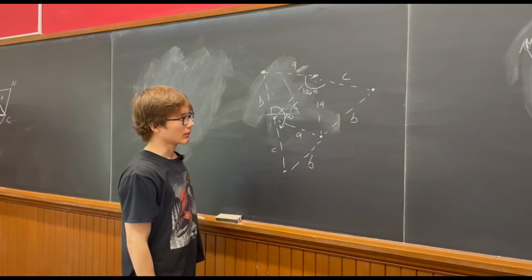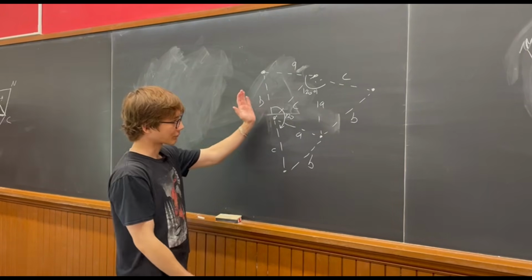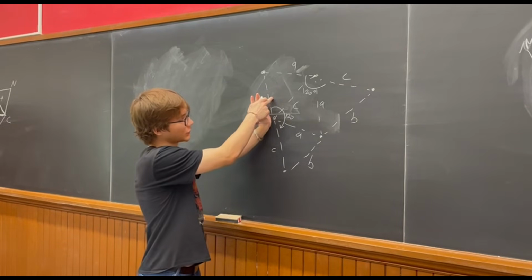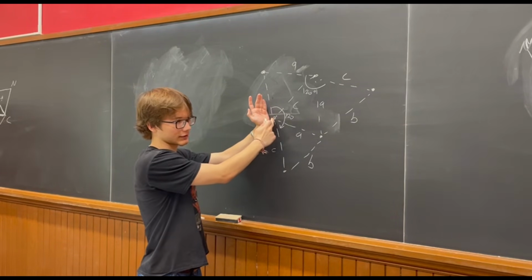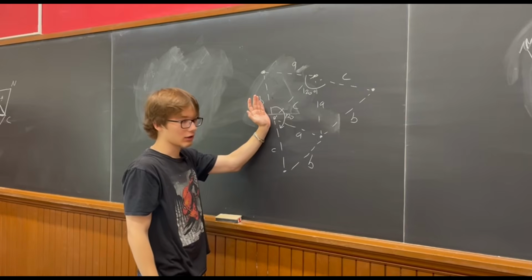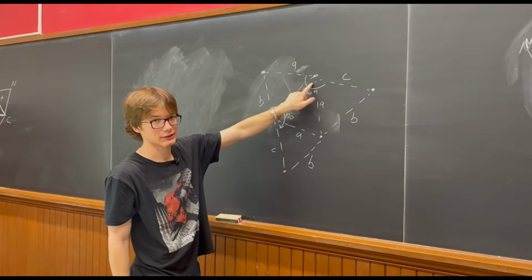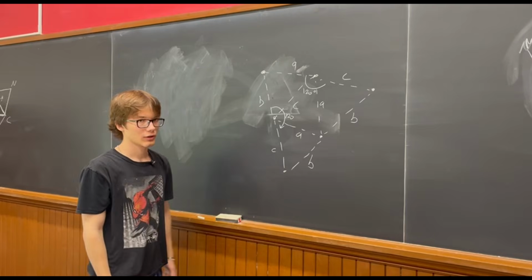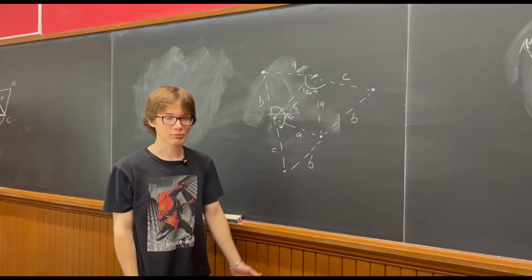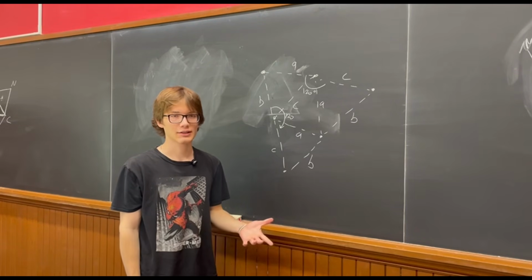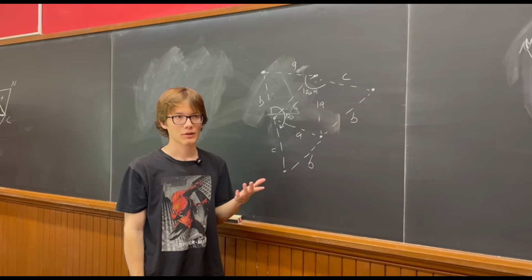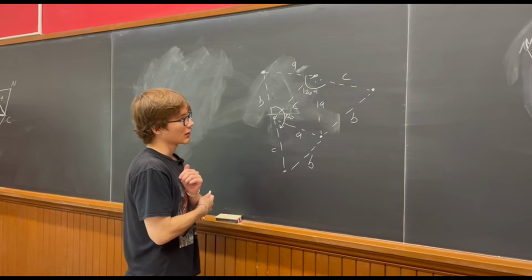What we just did, we rotated this triangle around this vertex by 120 degrees. We did the same thing for this vertex. And as I said, rotation preserves lengths of the sides of the shape, right?